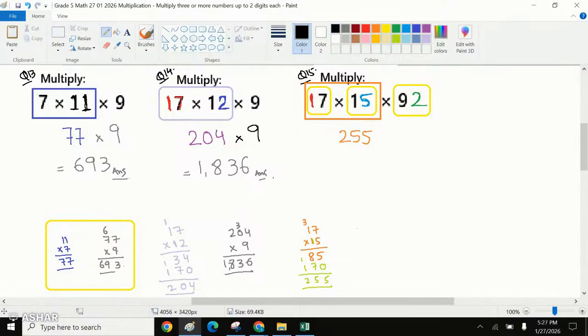255 was multiplied by 92. So what should be the answer? 255 multiplied by 92.